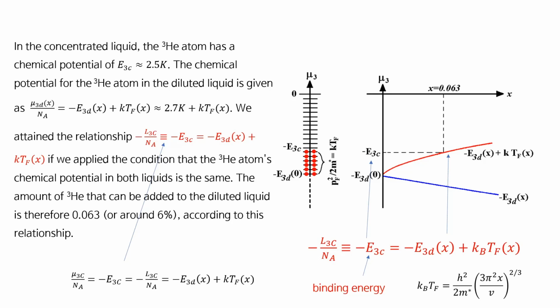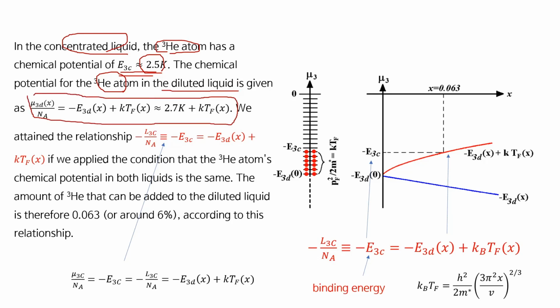In the concentrated liquid, the helium-3 atom has a chemical potential of about 2.5 Kelvin. The chemical potential for the helium-3 atom in the diluted liquid is given by this relationship. Okay.